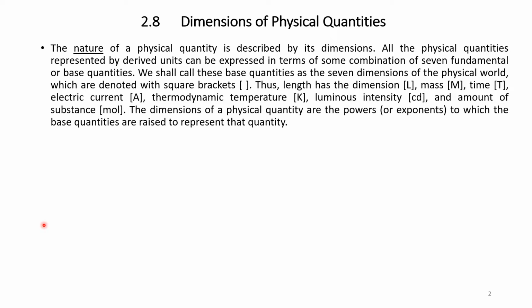We also know that there are seven basic fundamental quantities. The basic quantities are the length, the mass, the time, the electric current, thermodynamic temperature, luminous intensity, and amount of substance.